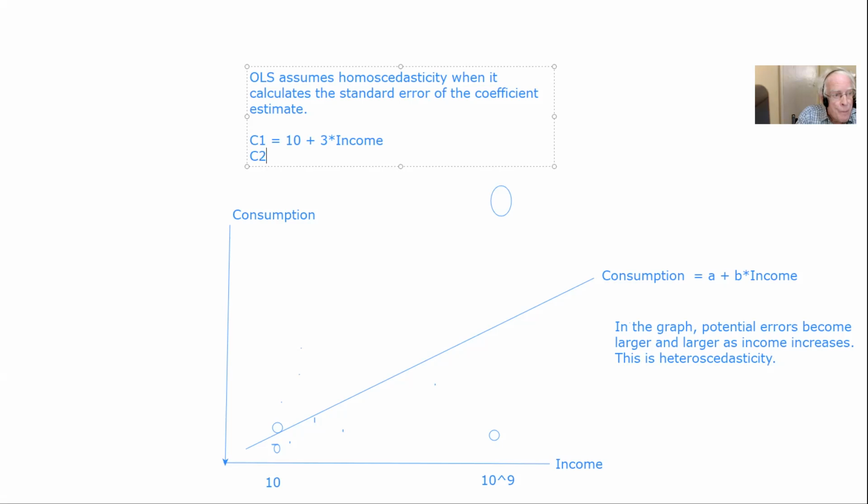Now, here is another sample, different intercept, and a different coefficient of income. To oversimplify for a moment, the standard error of the coefficient estimate reflects the change from 0.3 to 0.4 in our estimates of the income coefficient.